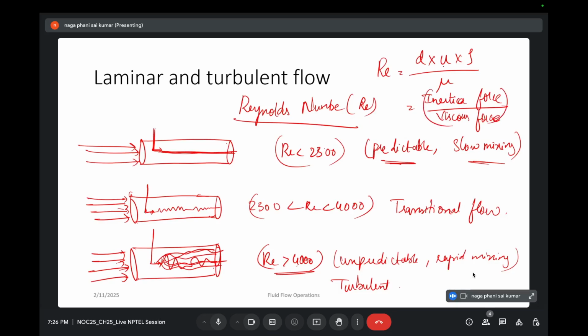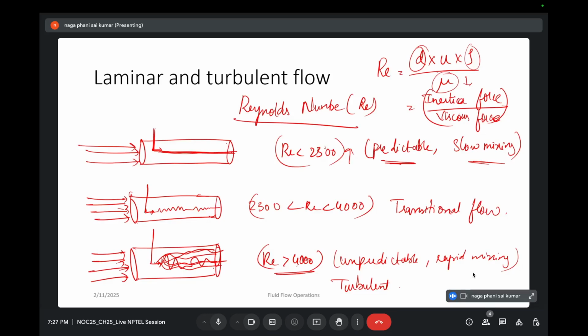The other parameters I was talking about earlier were diameter, density and viscosity of the fluid. If you reduce the viscosity, Reynolds number can be increased, keeping other parameters constant. If you increase the density of the fluid, you can also increase the Reynolds number. By changing diameter, you can also change the Reynolds number.